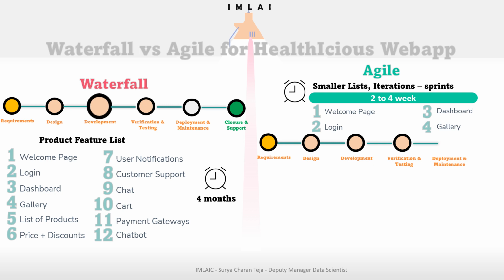Then we will deploy it, and do the maintenance, closure and support for these four features. Literally within 2 to 4 weeks, the customer can see his first application on the web, the first application his users can see. That's how fast it is. He can feel his product.